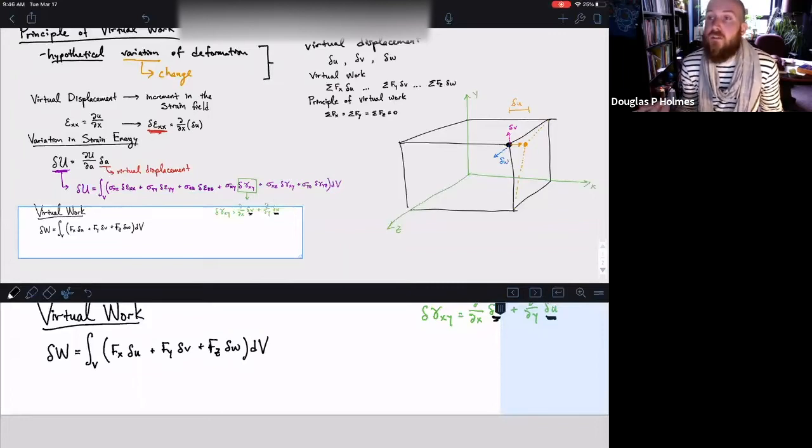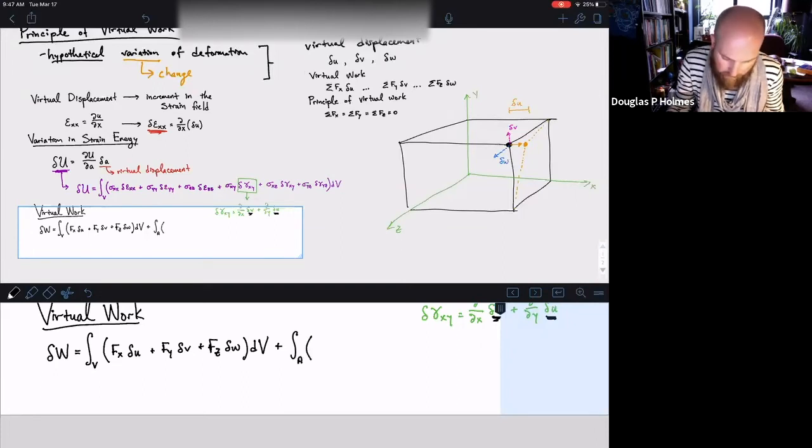We often deal with traction forces or surface forces, forces that are acting per unit area on your elastic body. So we have to add an additional term to this virtual work, which is going to look like an integral over the area of, let's call this Px delta U plus Py delta V plus Pz delta W over the area.